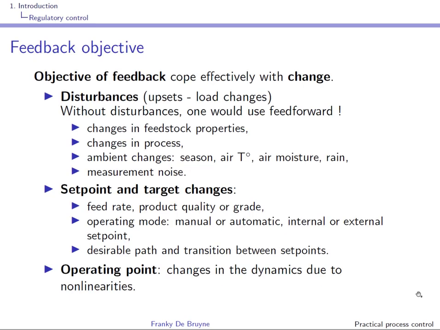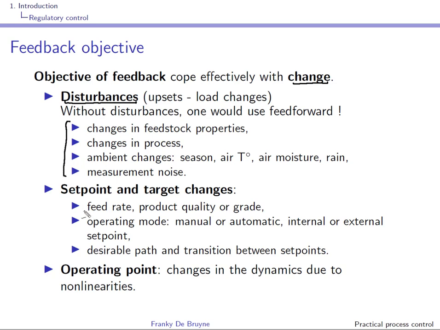The objective of feedback is to cope effectively with change. There are three main sources of change. The first one are disturbances. These disturbances can act at the input, then we speak of a load disturbance, or they can act at the output, and you have here a list of typical disturbances.